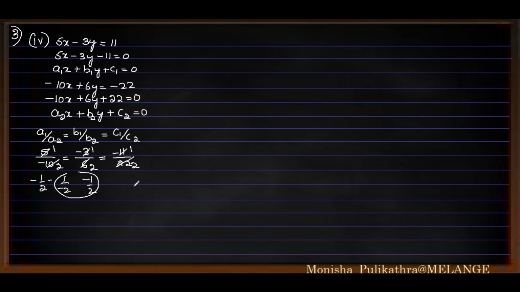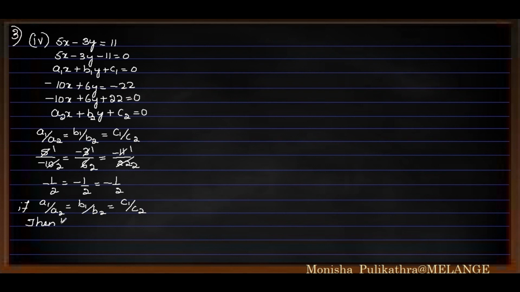Okay, so here the answer is minus 1 by 2 is equal to minus 1 by 2 is equal to minus 1 by 2. So if a1 by a2 is equal to b1 by b2 is equal to c1 by c2, since all are equal, then the lines are coincident.